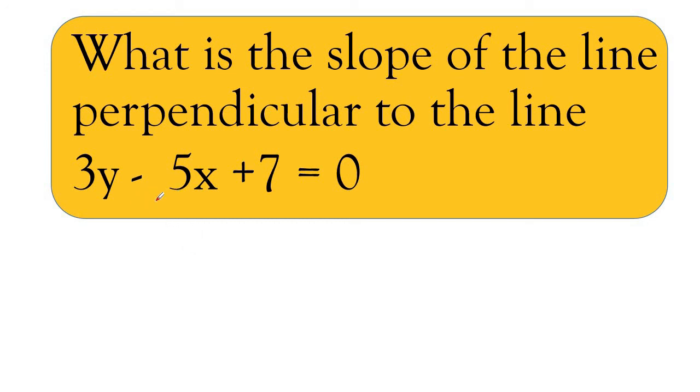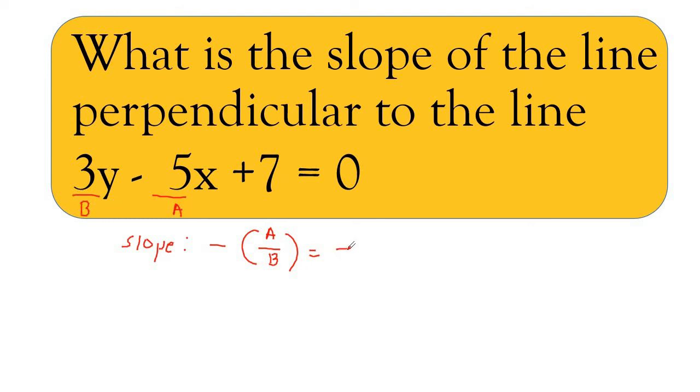So let us find first the slope of the line 3y minus 5x plus 7 is equal to 0 by using our way of finding the slope using negative times the value of a over b. So in our equation, the value of a here is negative 5 and the value of b is 3.